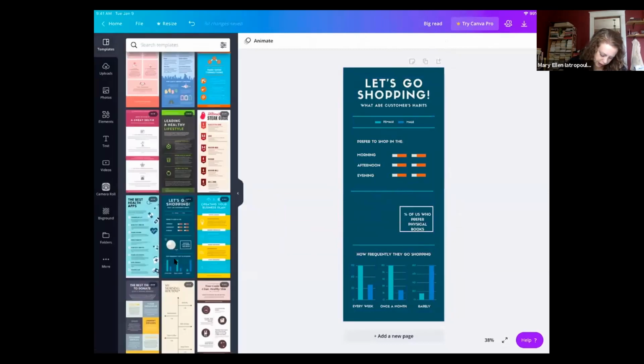Or if you want to hit undo, there's a little arrow up towards the left, right next to where it says resize, that makes a little whoop go back.